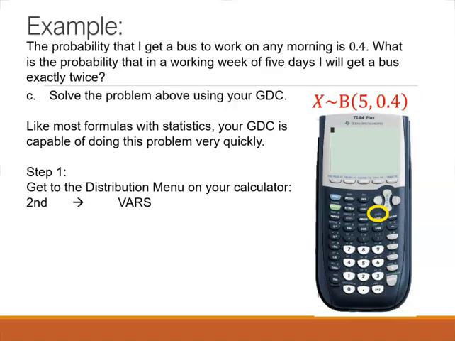Or just look on with your neighbor, that's fine too. So all of your probability distributions live in the distributions menu, so you'll press second and the vars button. That's what's circled in yellow on my picture.